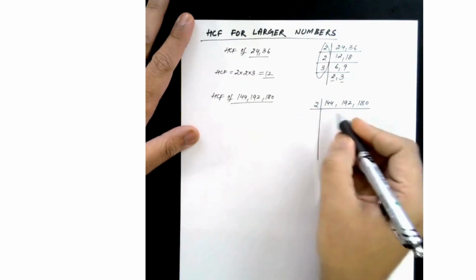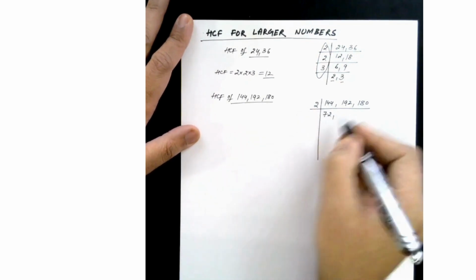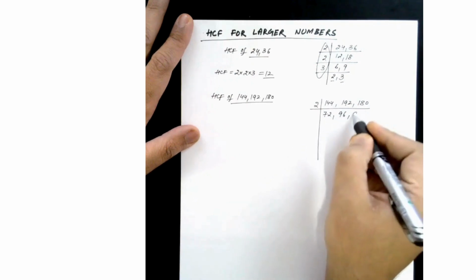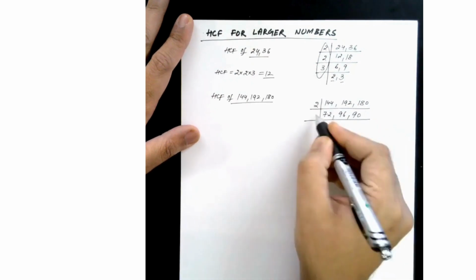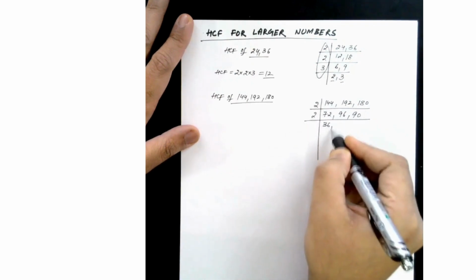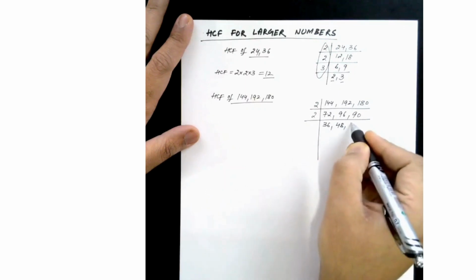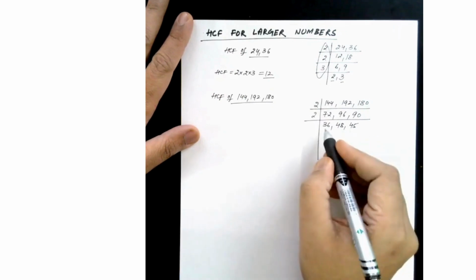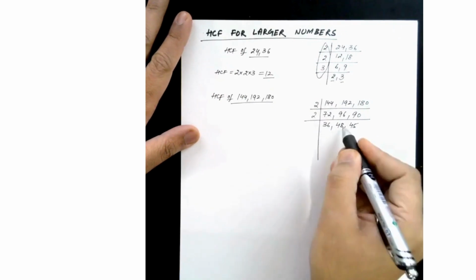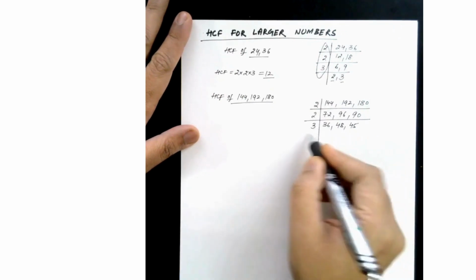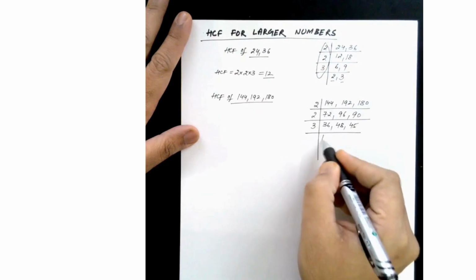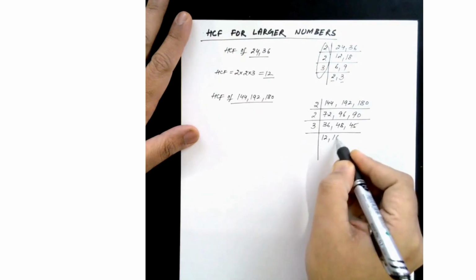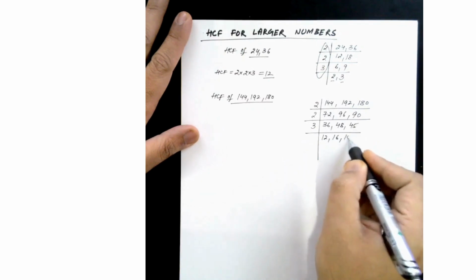So start with 2, divide, we get these numbers. We further divide by 2, we get this. Now we cannot divide all 3 by 2. We see the next prime number, which is 3. We can divide them by 3. So this becomes 12, this becomes 16, this becomes 15.